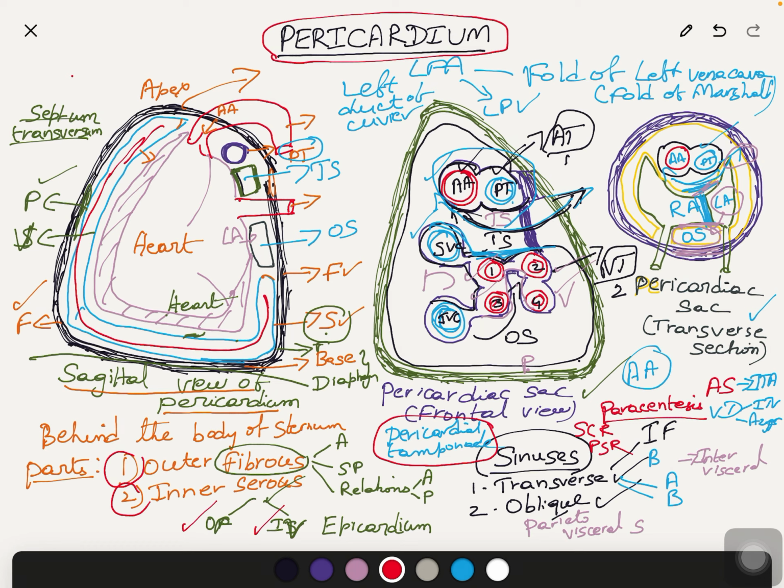Then we learnt the two important sinuses, transverse sinus and oblique sinus, and we covered their relations in detail. We added a note on the fold of left vena cava or fold of Marshall, and we have completed the applied anatomy, including the intracardiac injection also.